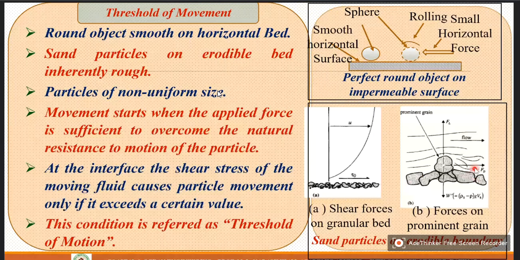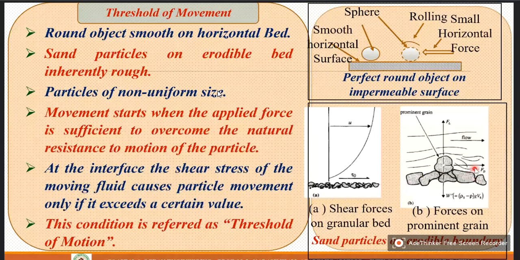So if I go back to this figure, the shear stress tau naught which you are seeing here will comprise three parts. One due to the individual grain, second due to the packing or the ripples or the dunes, and third is the momentum transfer of the moving particles. So these three put together will constitute this so-called tau naught.